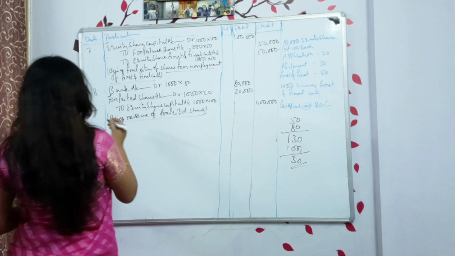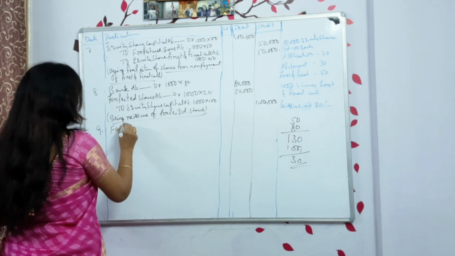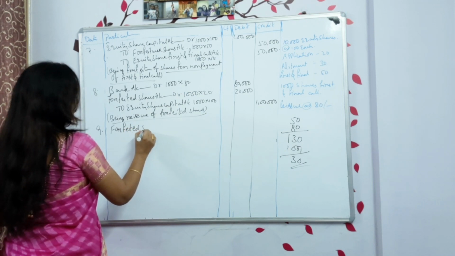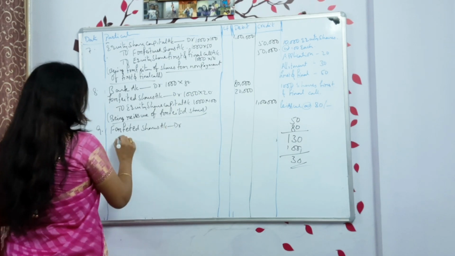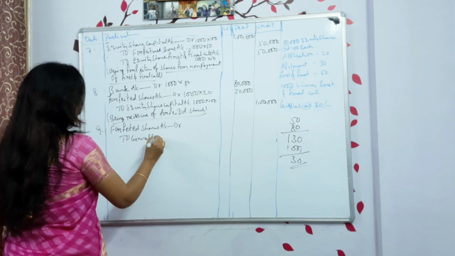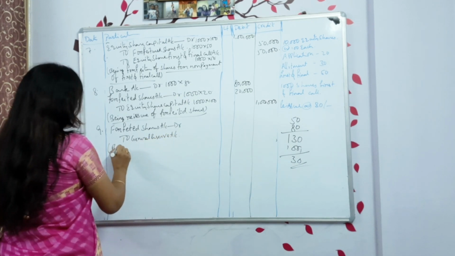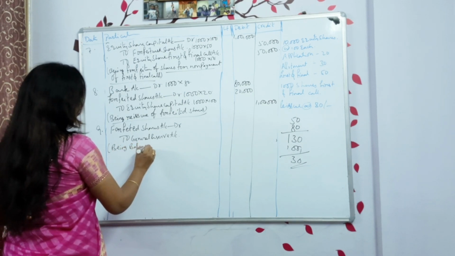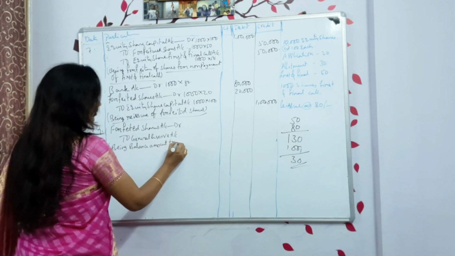Okay. Now forfeited shares account debit to general reserve account. Being balance amount transferred to reserve.